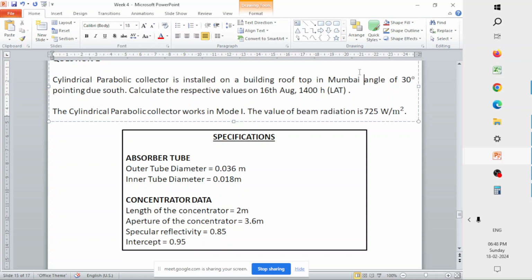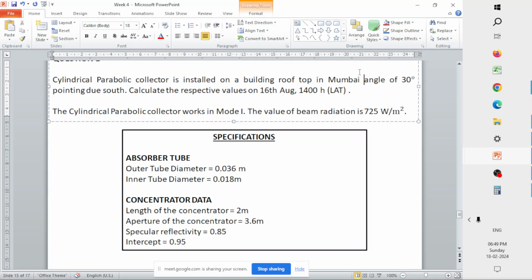In case of your flat plate collector, you actually do not have any kind of modes. In case of your concentrating solar collectors, you have different kinds of modes. The reason is, as we have discussed even in week 2, as our earth rotates around the sun, the amount of solar radiation that we will be harnessing from the sun will be different throughout the day.